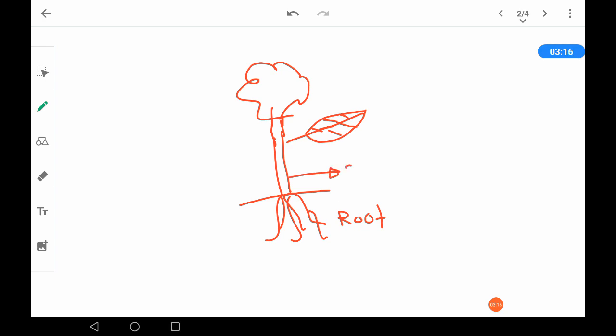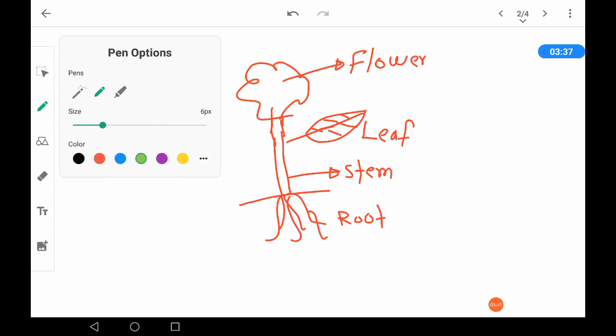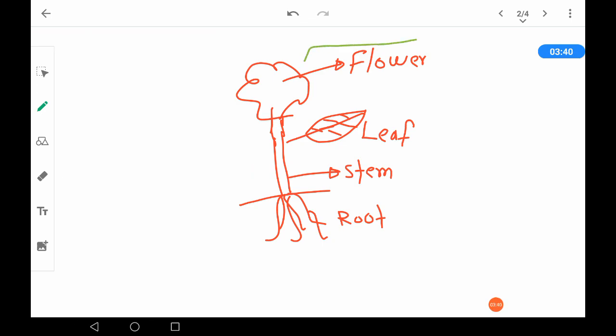This is the stem, which supports the plant and transports substances in the plant. This is the leaf, which has a great role in the photosynthesis process, and this, let's say, is a flower. All these are regarded as organs of plants.